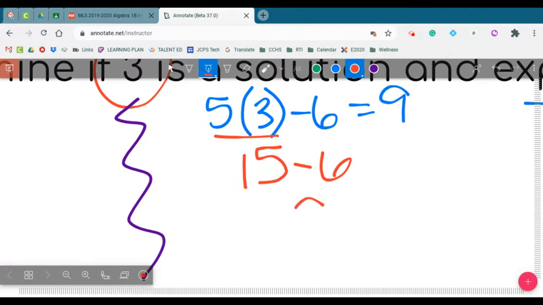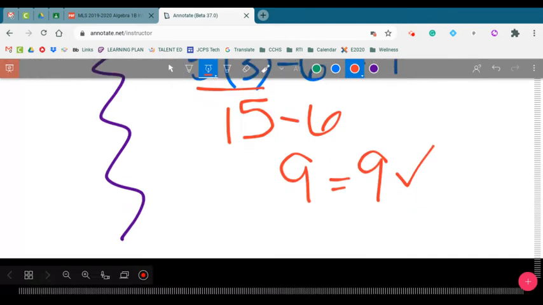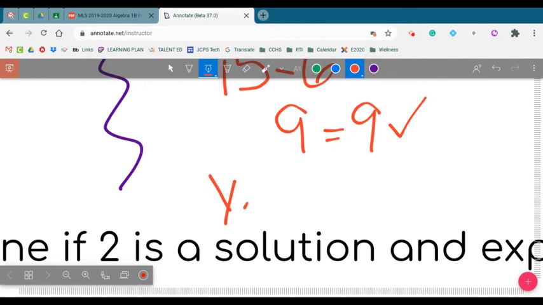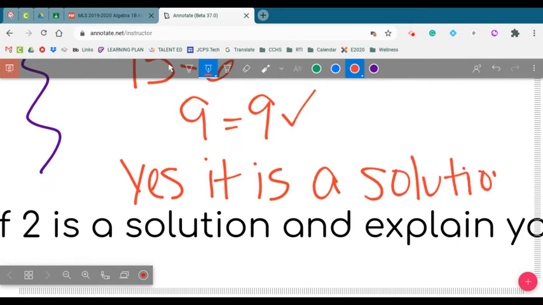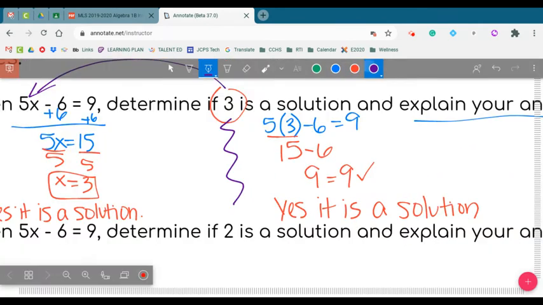So 15 minus 6 is going to give you 9. Does 9 equal 9? Yes. So if your sides equal each other, it's going to be a solution. If your sides don't equal each other, it will not be a solution. So I would also put yes, it is a solution. So I don't care which way you do it. So it can be either or.